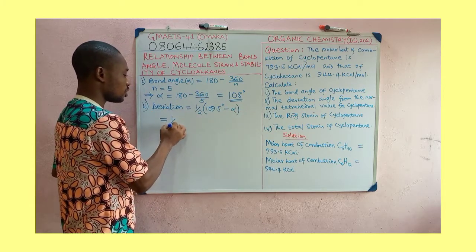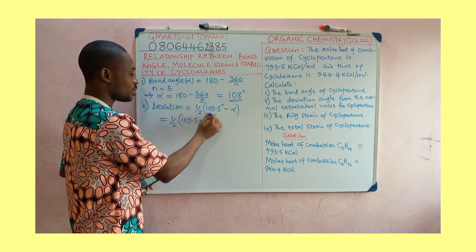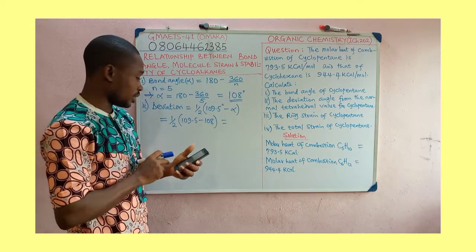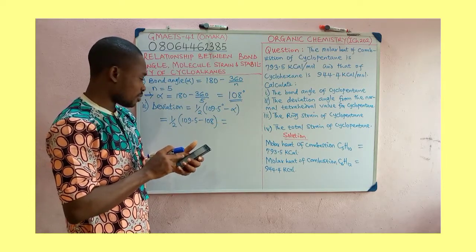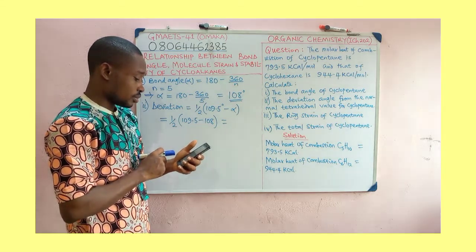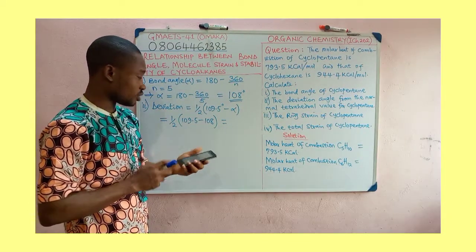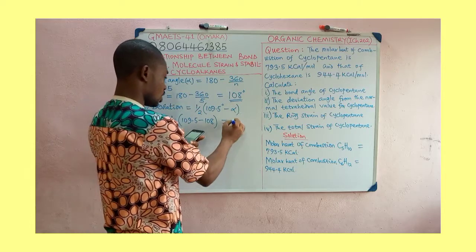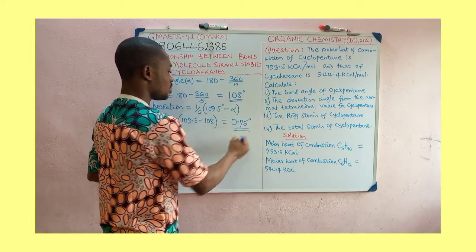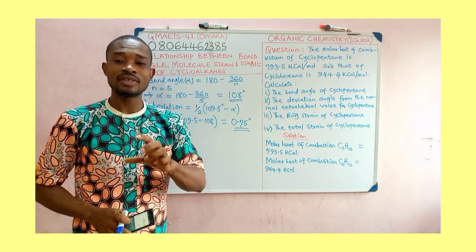If we substitute here, this is 1/2 of 109.5 minus 108. So 109.5 minus 108 gives me 1.5. Divided by 2, that's 0.75 degrees. This is the deviation from the normal tetrahedral value of 109.5 degrees.